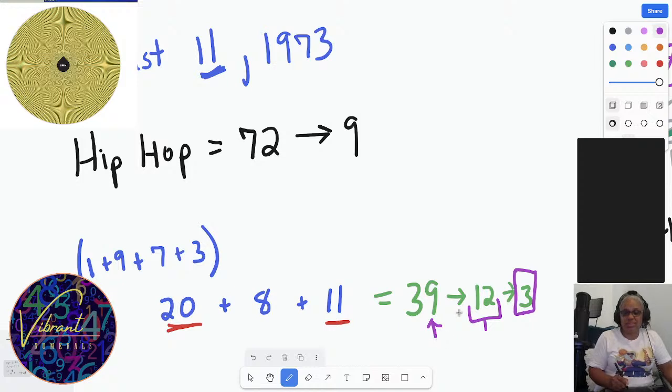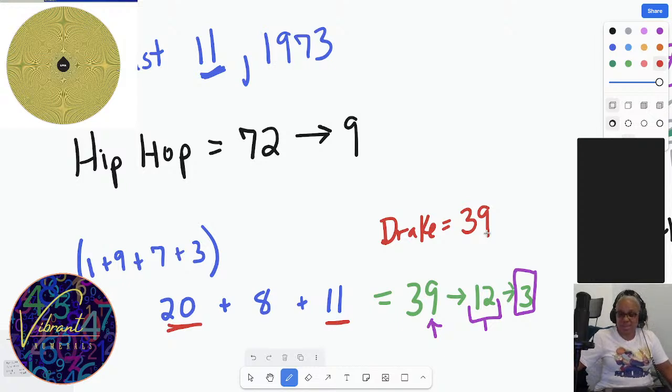And so then the thing that I had to check is that the name Drake is also 39. So that would mean, it does not mean, not even close does it mean that Drake is hip hop.